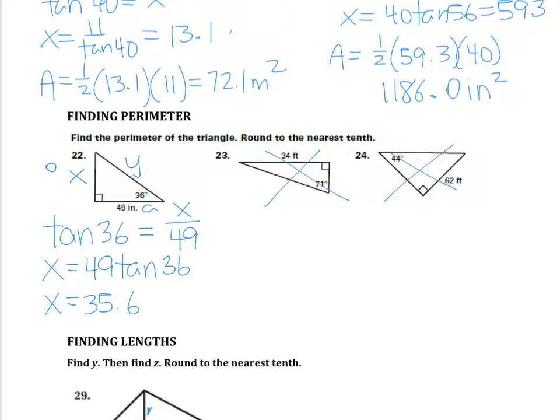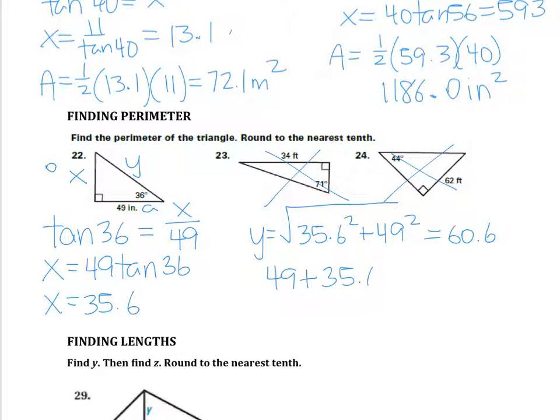And then to find y, it's the square root of the sum of those two legs squared. And perimeter is just adding those three lengths together.